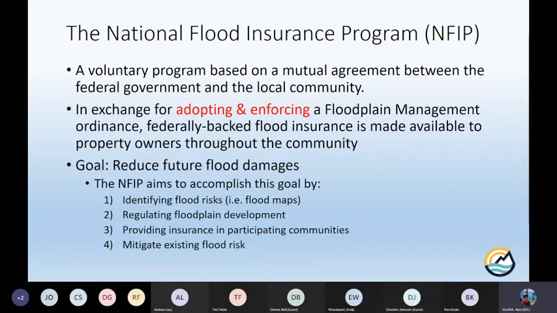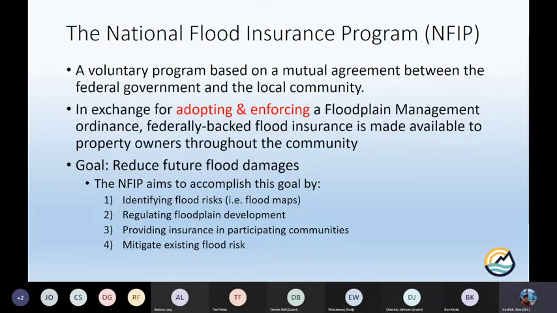Big picture goal of the NFIP is to reduce future flood damages. It does that by identifying our risks, that's our floodplain maps, and by setting development standards in those high risk zones. So you're in a mapped high risk zone. What are we going to make you do to protect yourself?